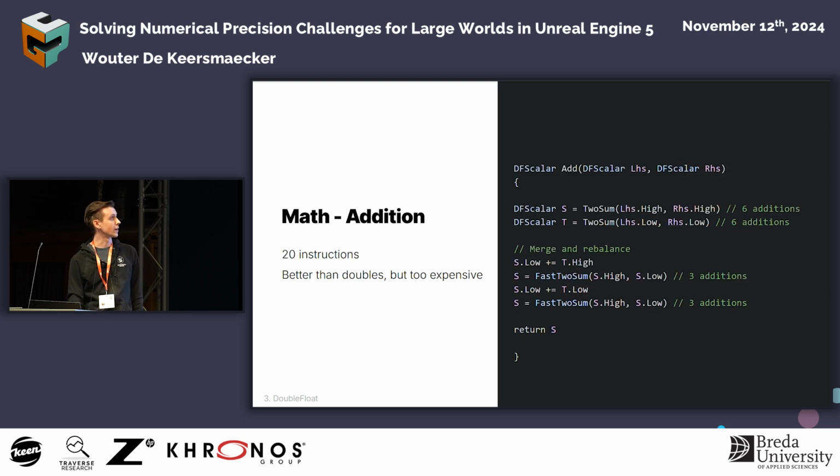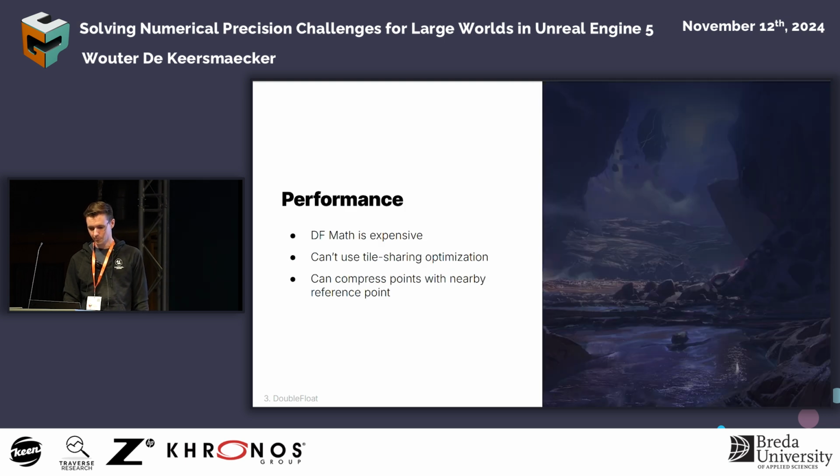And if we take a look at an operator that actually sums up two df scalars, so two high precision values, then we end up with 20 instructions. Still better than the float 64, but too expensive. We want something cheaper because we're going to use this a lot. Fortunately, there is a cheaper shortcut, but I'll talk more about that later.